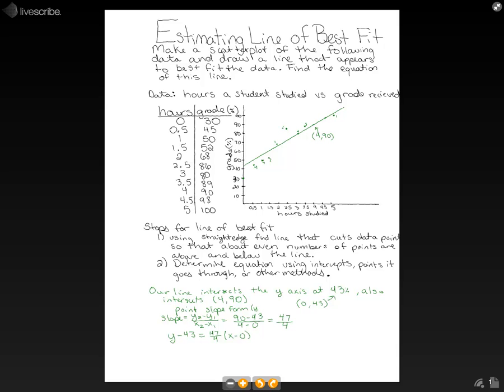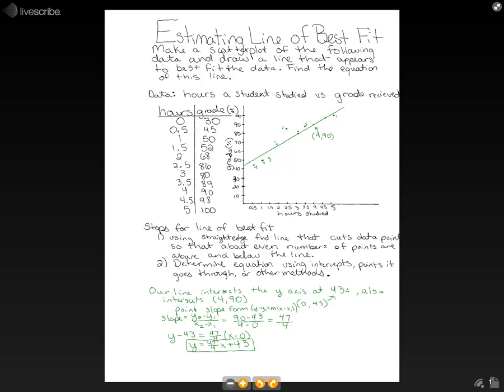So remember that's y minus y1 equals m times x minus x1. So whenever we carry this out, we're simply going to get that y equals 47 divided by 4 x plus 43. So that's going to be our equation for our line.